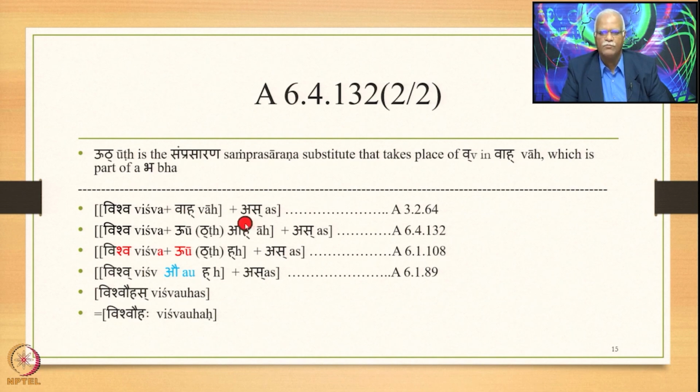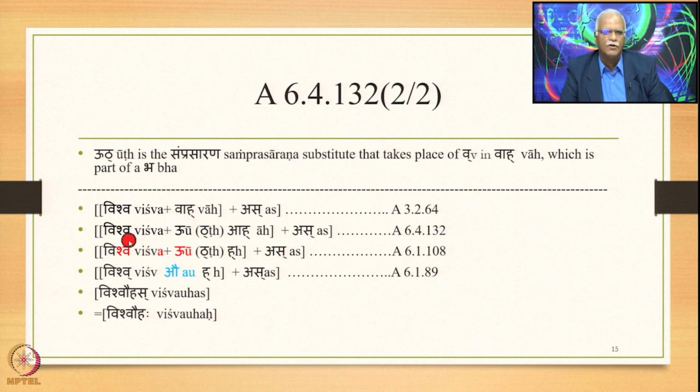Now comes 6.4.132 to apply. This as suffix causes this entire compound to be called bha. Now this vah is part of bha, and therefore va, which comes at the beginning of this vah, is substituted by oot by 6.4.132.